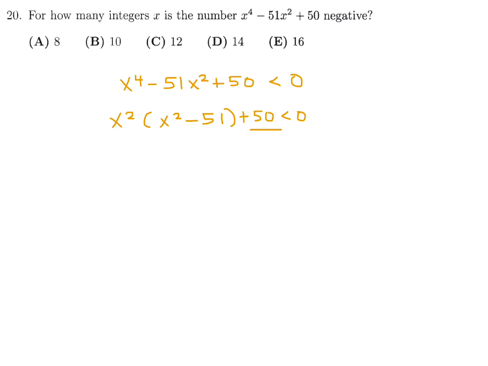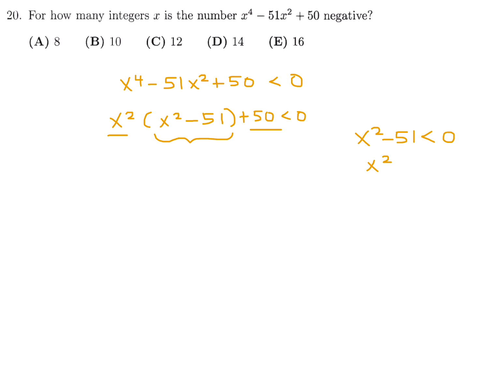Now, 50 is positive, and x squared is going to be positive for anything you put in, when you square it becomes positive. So the only thing that could be negative is this x squared minus 51. That is the only thing that could be negative, and that's going to indicate whether this whole expression is positive or negative. Okay, so we now have to concentrate on this.